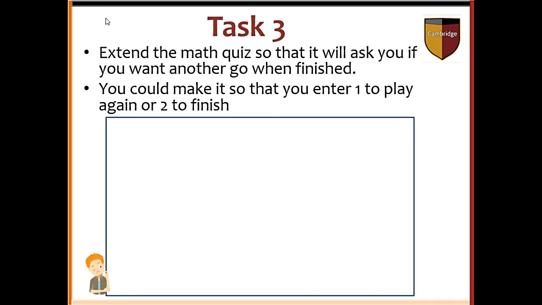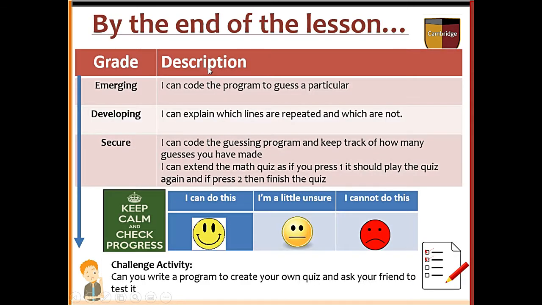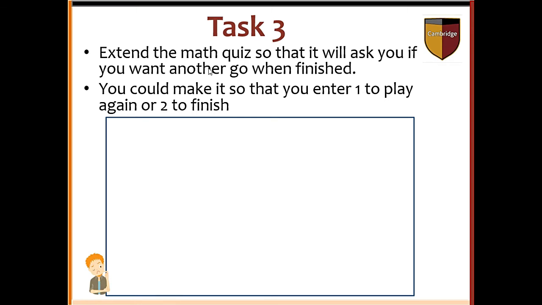Okay, and then we need to extend. Last time we created our maths quiz during our lesson 4 in the selection statement. So what are we going to do now? We will extend it so that we will ask if you want to go another round when we are finished.